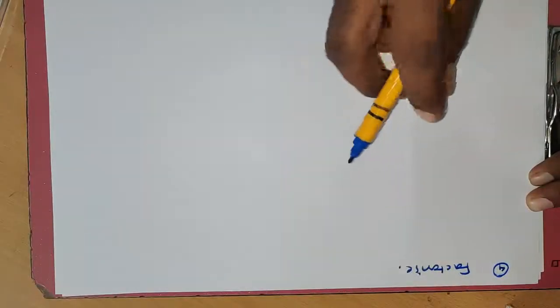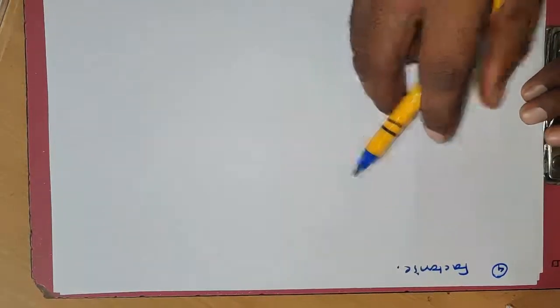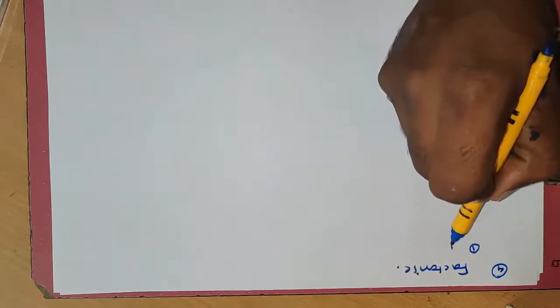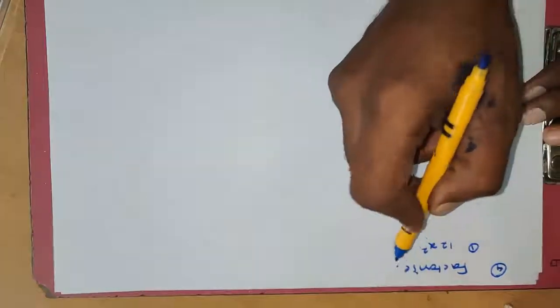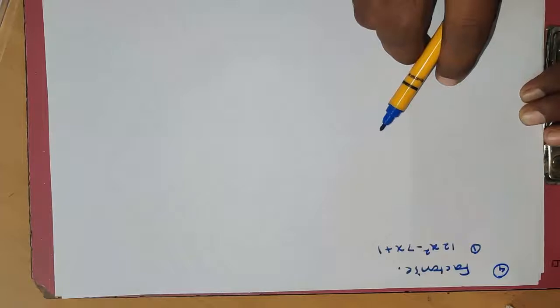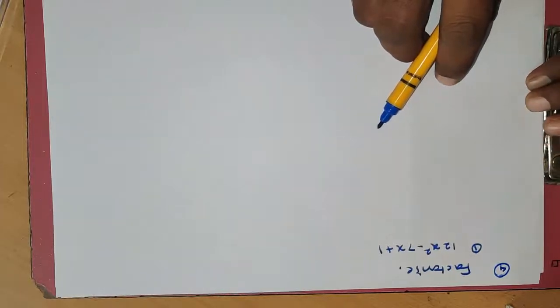Factorize. In this first example we have 12x square minus 7x plus 1.